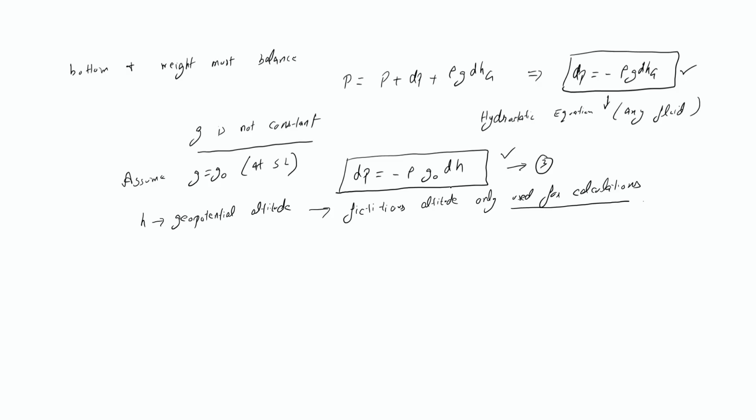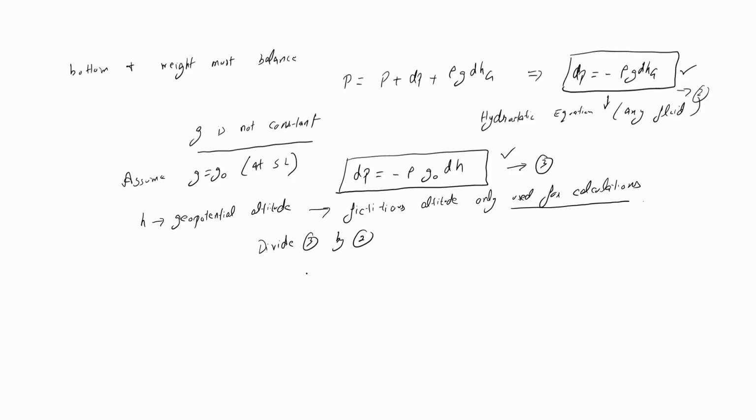Now there must be a relation between this dH and dHg, right? So now we'll find that relation. So now we'll divide this equation, dividing 3 by 2. So let us assume this is equation number 2.